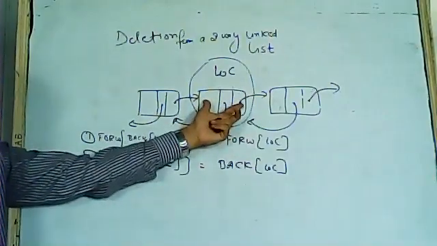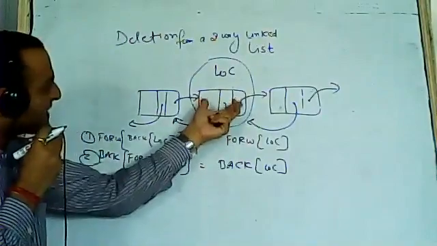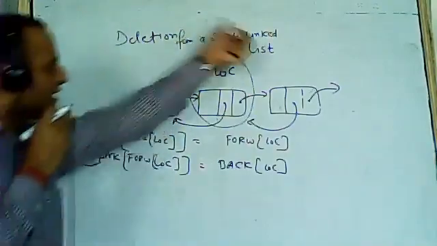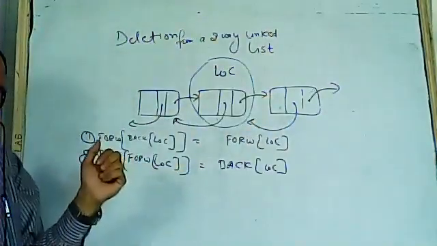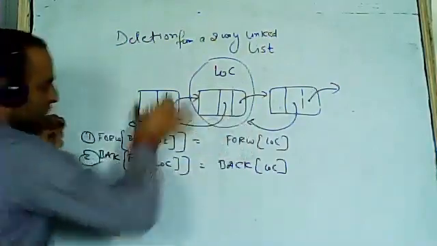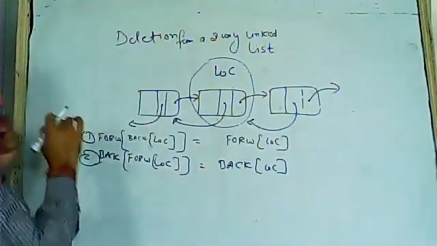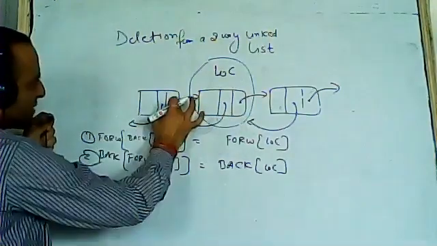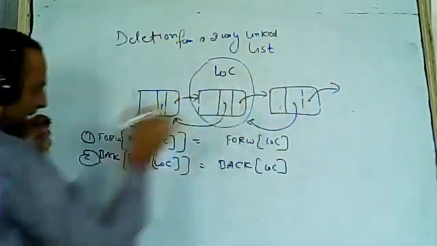I am going to delete this node. So if I delete this node, the new forward of location's back node will be this node. See, if I delete this location, this node is going to point to this node. Earlier it was pointing to this node, which will be deleted. Now look, this pointer will point to here because this will be deleted.